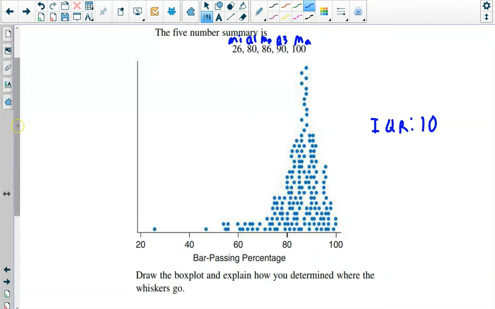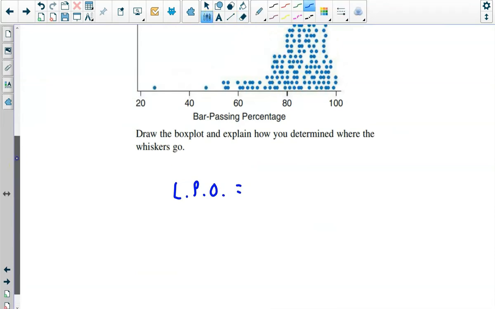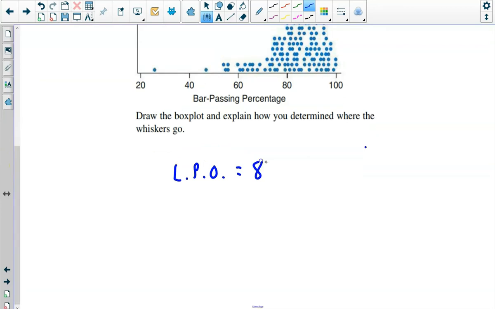Okay? So to find the lower potential outlier, we're going to take quartile 1, which is 80, minus 1.5 times 10. Okay?